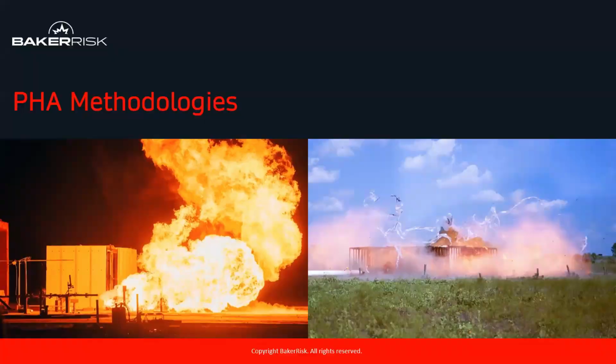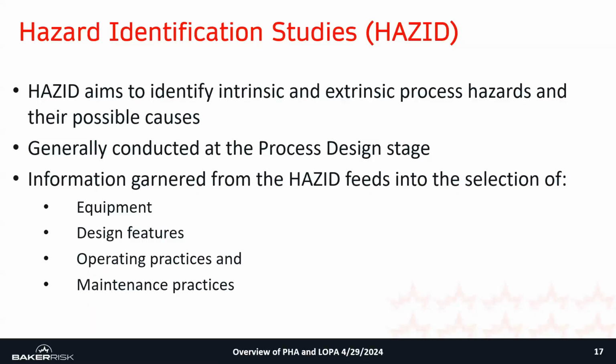Jumping into methodologies. There's many methodologies. We'll go over a few today. We won't go over all of them. One of them is what we call hazard identification studies. These typically are done when you're in the design stage, and usually you have a conceptual design, but not a detailed design.